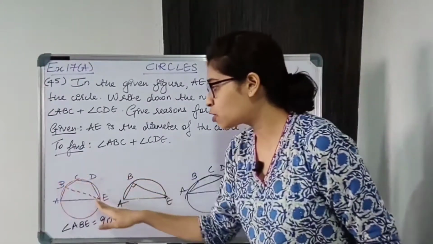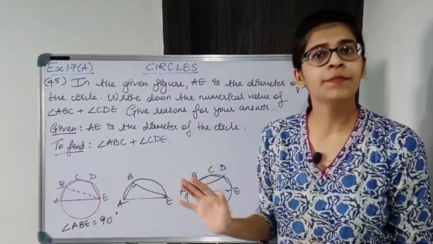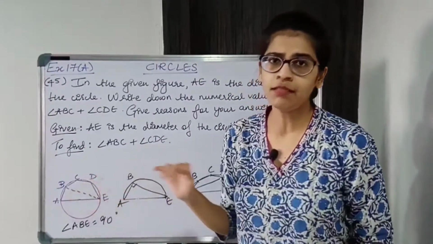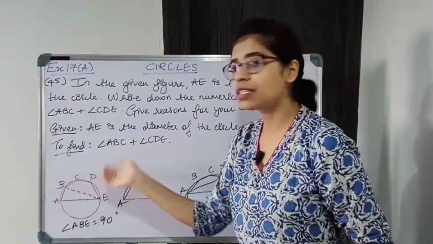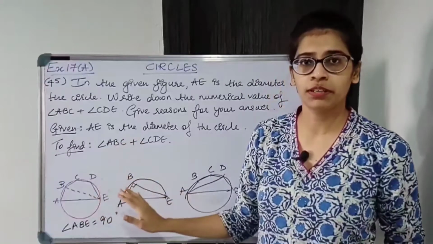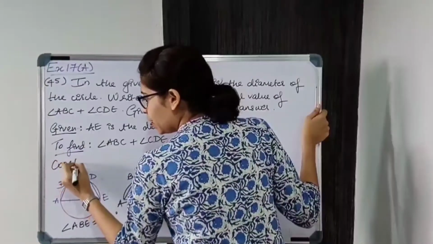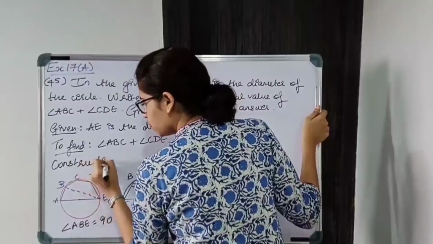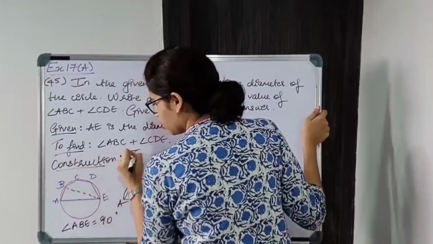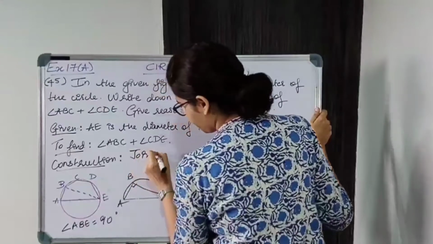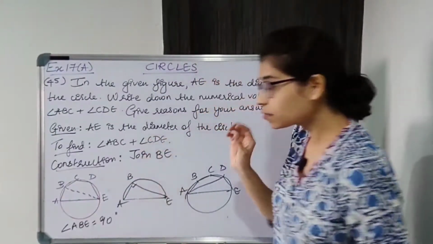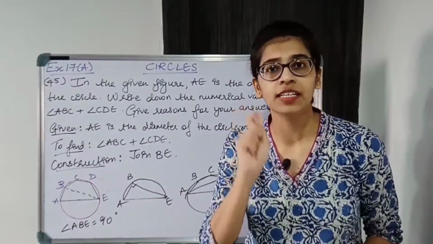But I have constructed BE over here. Okay, it's up to you. You can join AD and you can use a similar method that I'll be using over here. All right, so the construction first is to join BE. Now students, this is very very easy.